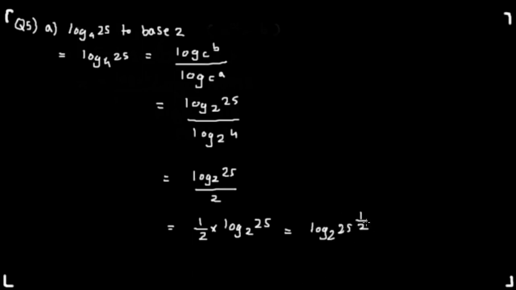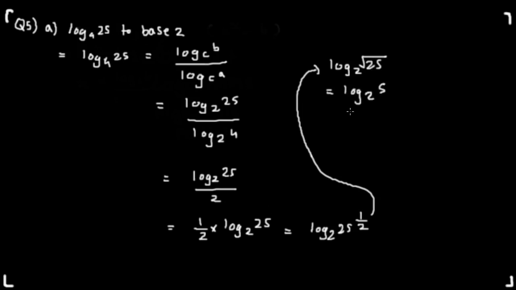Now what is the 1/2 power? That's the same thing as a square root. So this would be log base 2 of the square root of 25, so log base 2 of 5. That is the answer for question 5a.